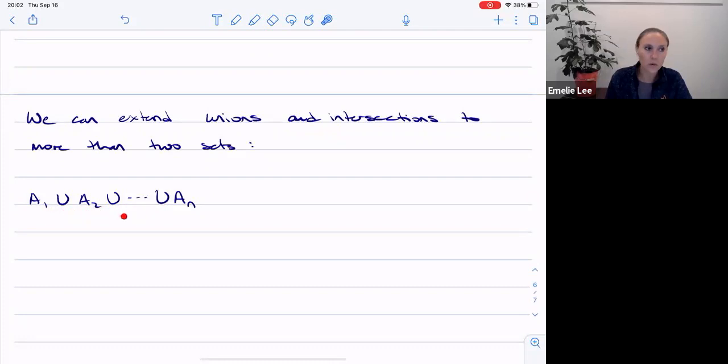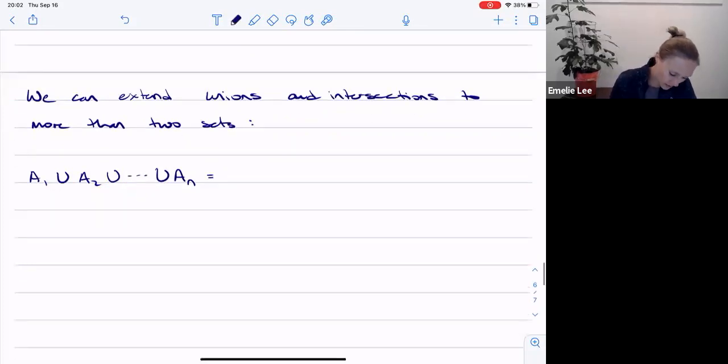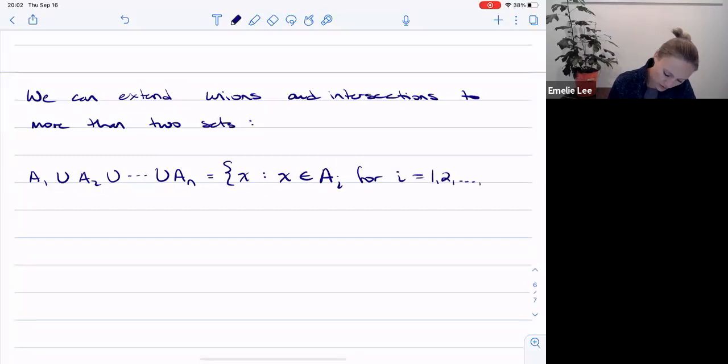And so what that set is going to look like is the set of elements x, so a generic element x, such that x is an element of the set A subscript i for i equal to 1, 2, up to n.